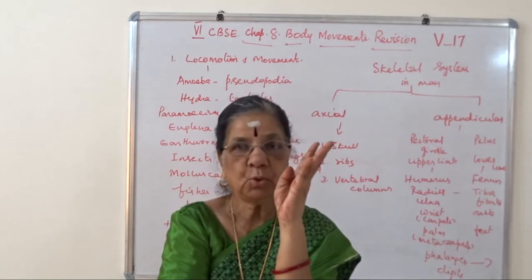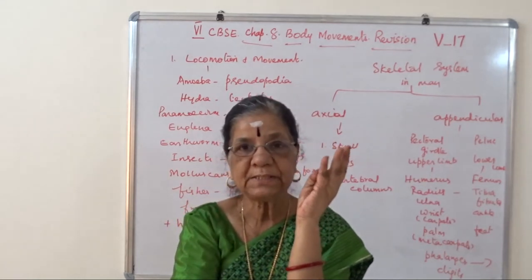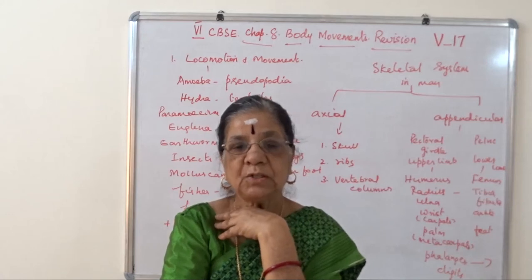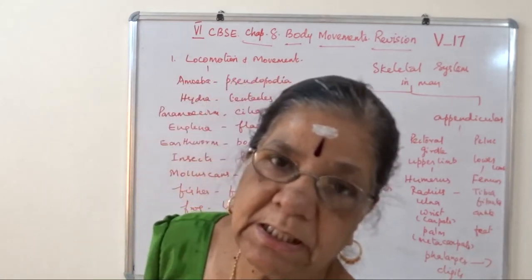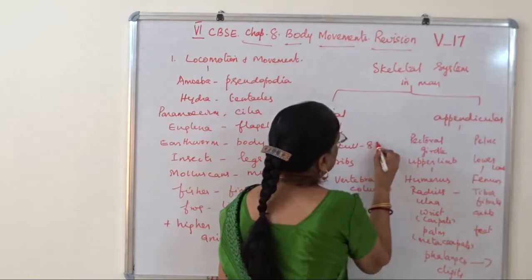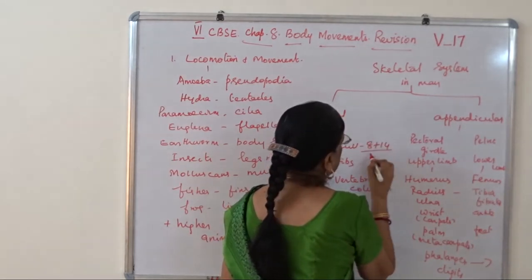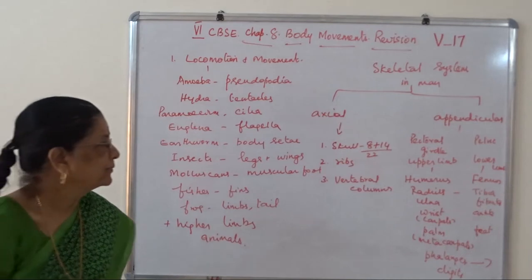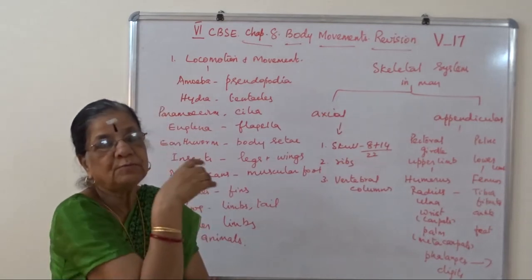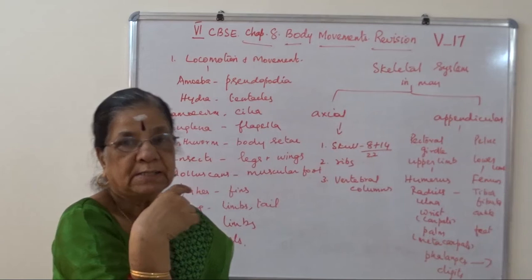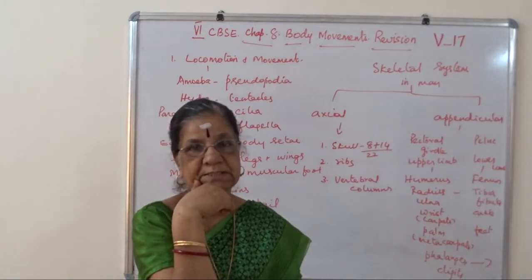There are 4 functional parts of the skull. And then facial bone, there are 14 facial bones. So that's the asset. Skull 8 plus 14, 22 bones will be present. Right? So I say skull is formed of 8 bones and facial bones there are 14 in number.